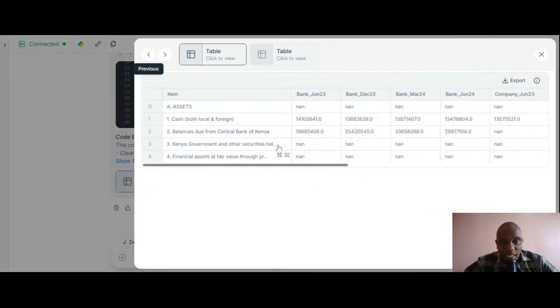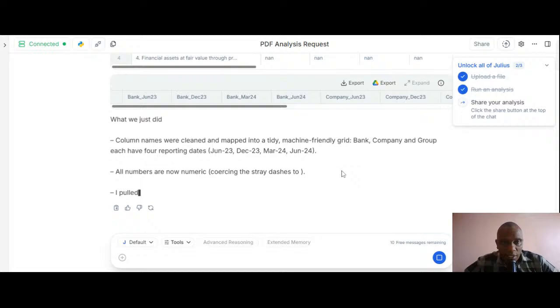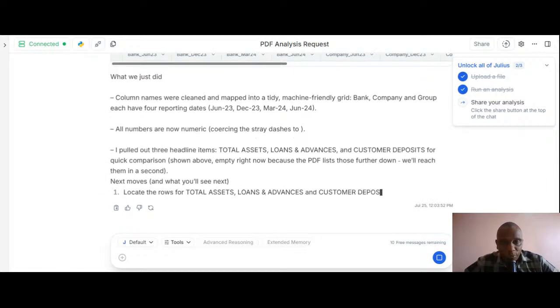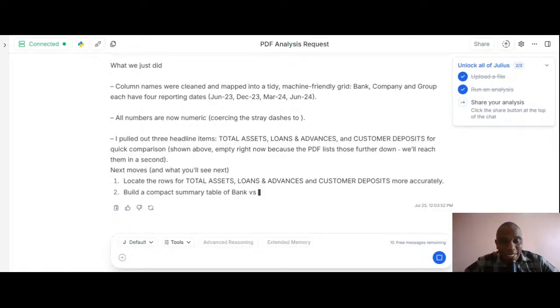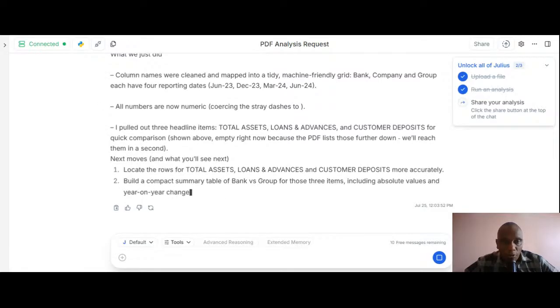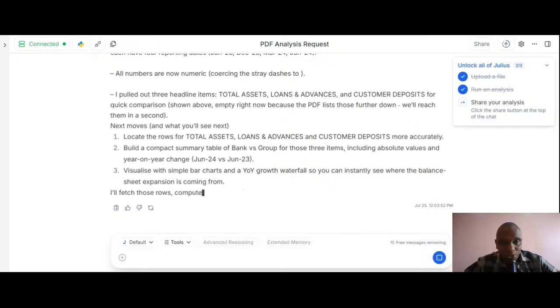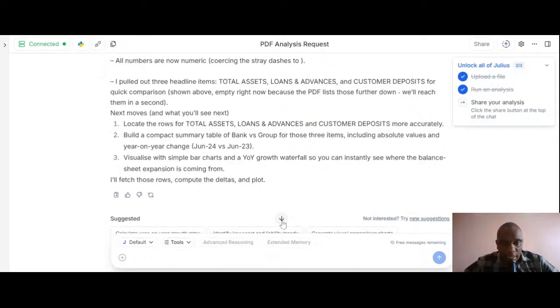So you can see it has started getting the information, the data that was there. We continue. So this is what happens when you put data in form of a PDF, because it has to be synchronized and also captured in form of Excel.